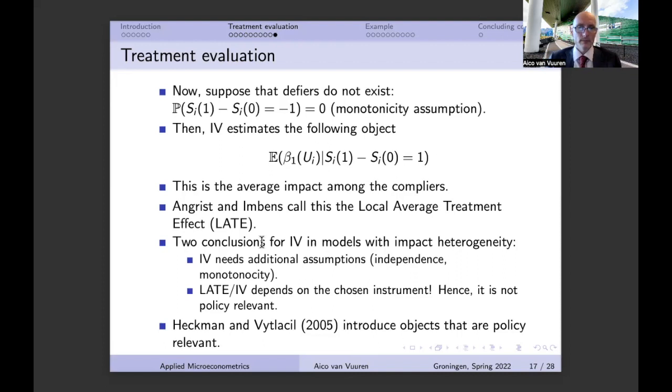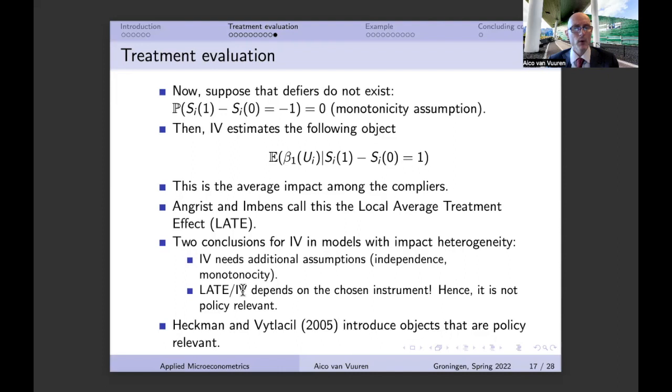Based on this, we can draw two conclusions with respect to IV estimation. That is, first of all, that IV needs additional assumptions. Apart from the standard assumptions of instrument exogeneity and instrument relevance, we actually need, in this case, independence, and also we need this monotonicity assumption that I've just made.